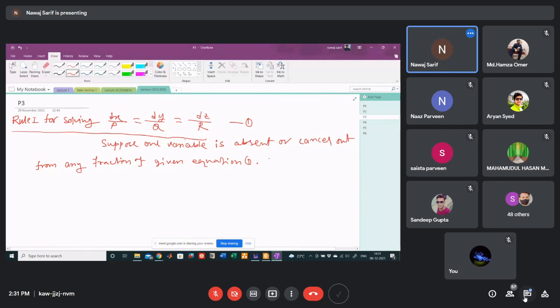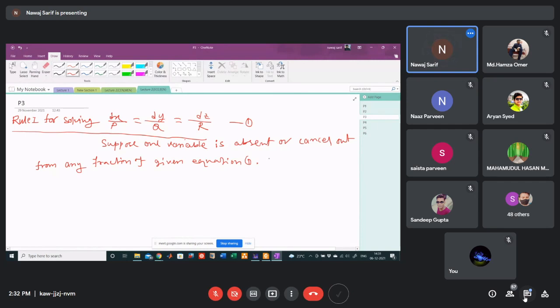Then one equation can be obtained by the usual method.